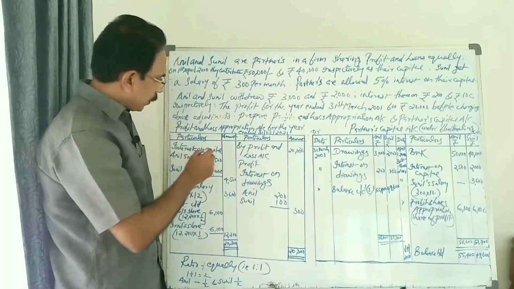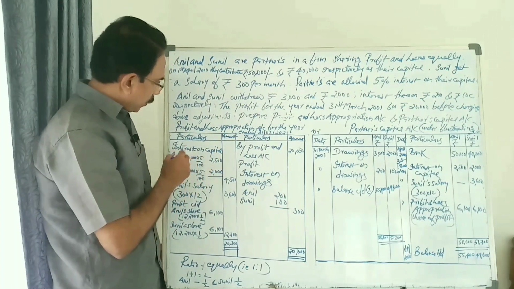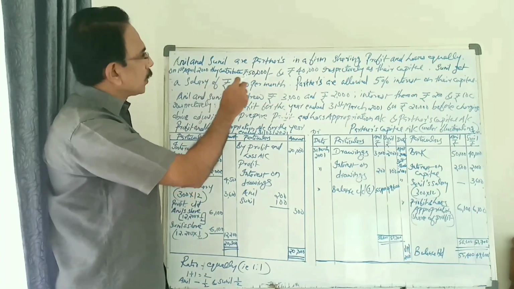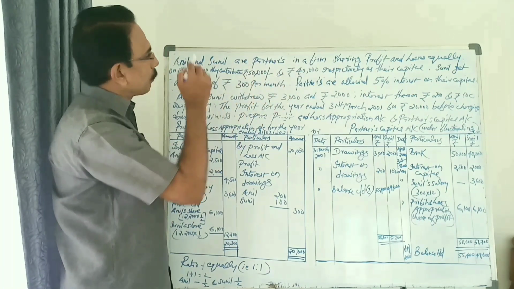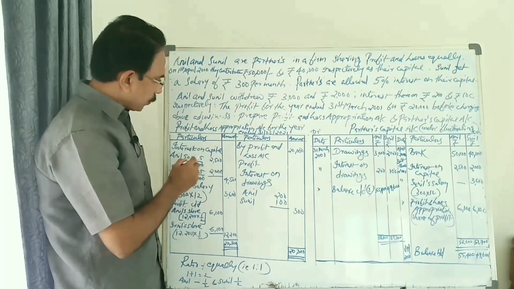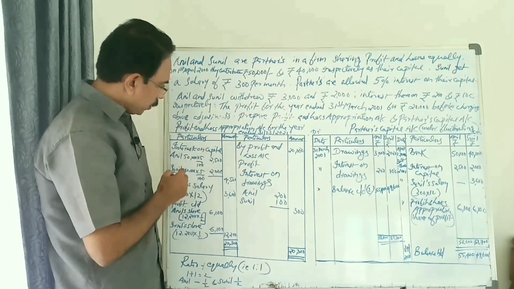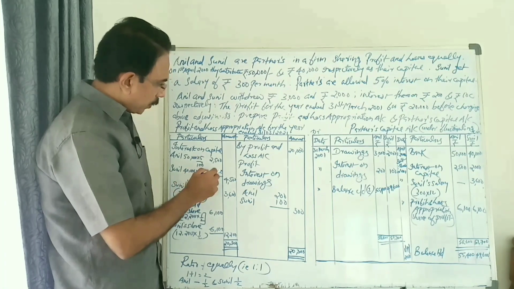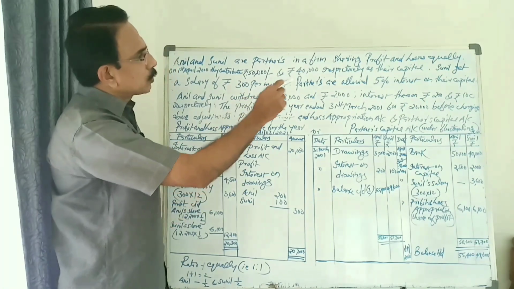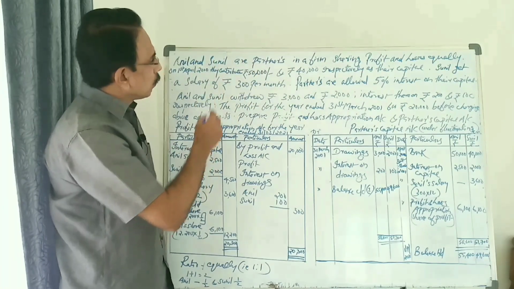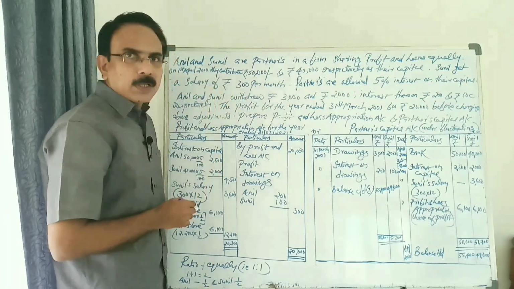On the left hand side, interest on capital, Anil's capital rupees 50,000, at 5% per annum: 50,000 into 5%, 2,500. Sunil, 40,000 into 5%, that is 2,000. Total 4,500.